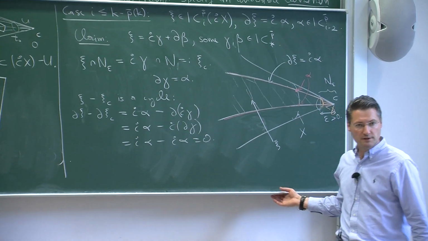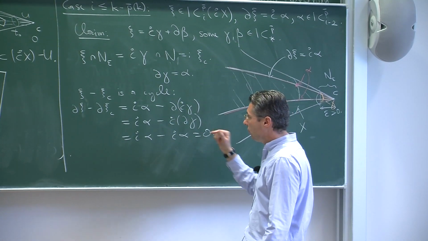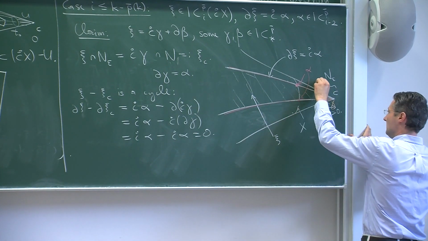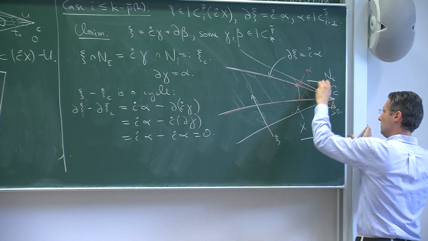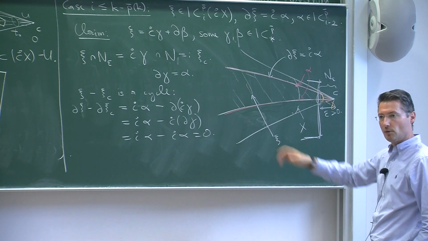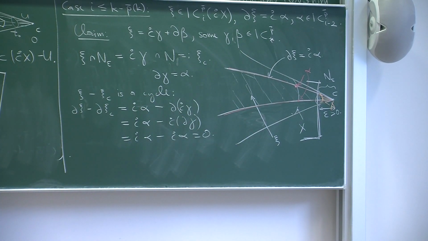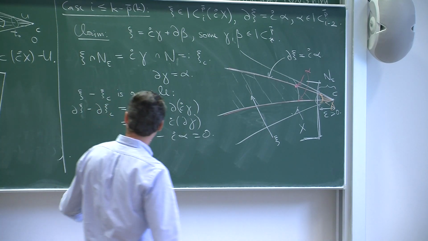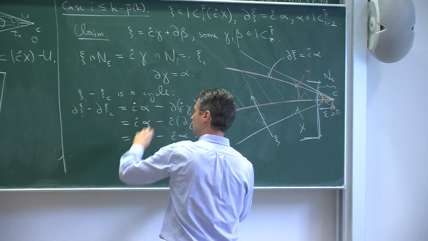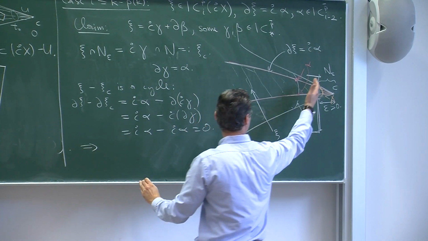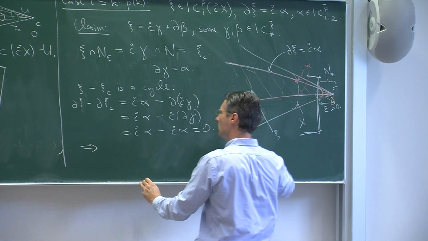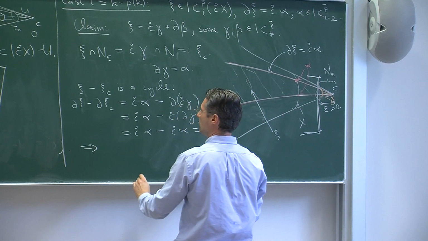And so this difference is a cycle, but it's also contained in a definite region as before, away from the cone point. So the same argument that we made previously applies now to say that since this is a cycle and contained in a region away from the cone point, it is the boundary of something else.